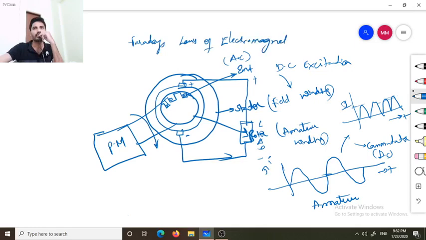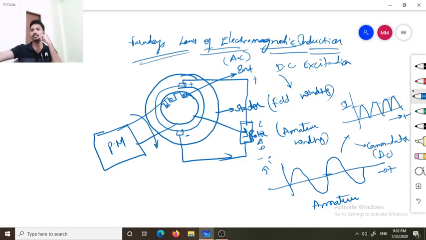You can understand now what is meant by a DC generator and what its working principle is: how the DC generator produces electrical energy from mechanical energy, by using Faraday's laws of electromagnetic induction. This is the working principle of a DC generator.